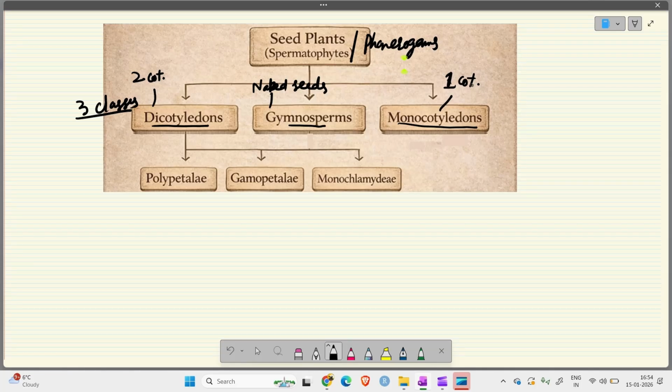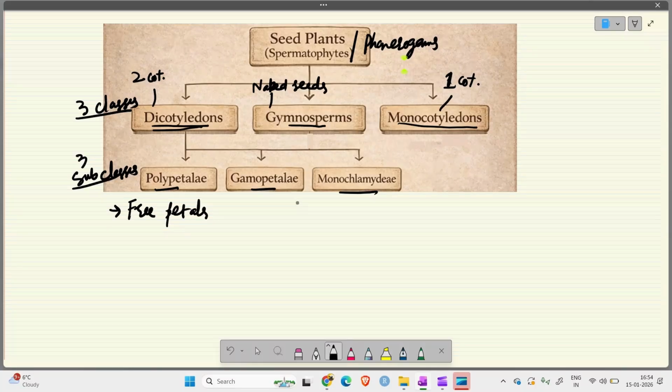Further, they classified the dicotyledonous class into three subclasses, which were named polypetalae, gamopetalae, and monochlamydeae. If you look at the word itself, polypetalae means the members of this subclass have flowers containing free petals, while those in the gamopetalae have fused petals, and monochlamydeae have a uniseriate perianth.